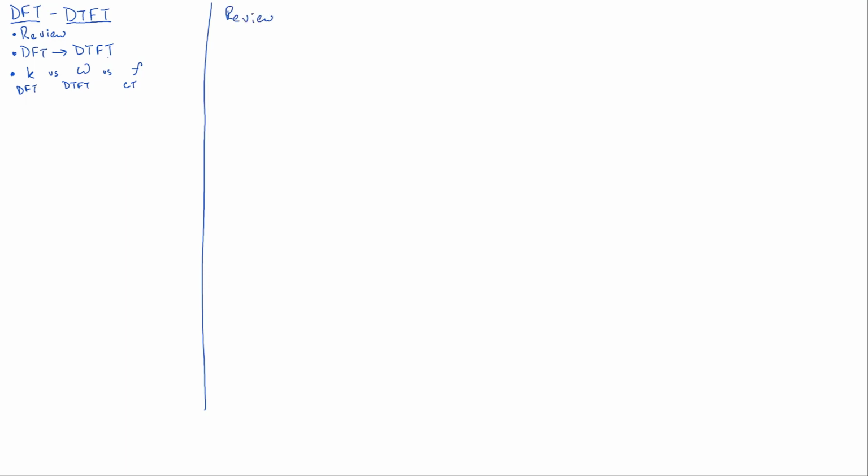So last class, we said that if we're given a discrete time signal of length n, meaning that n equals 0, 1, 2, and so on, all up to capital N minus 1, then it will have n samples.